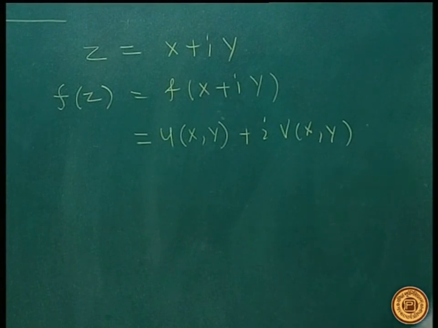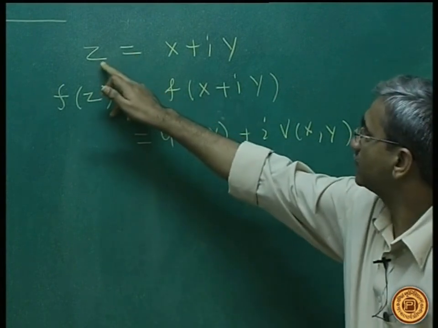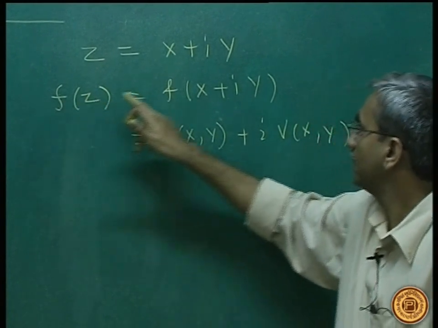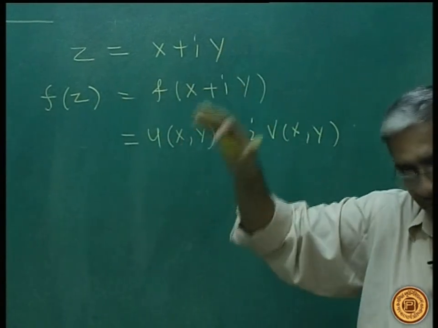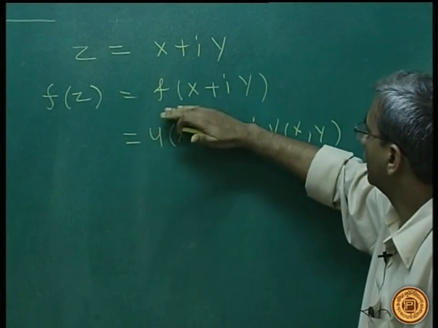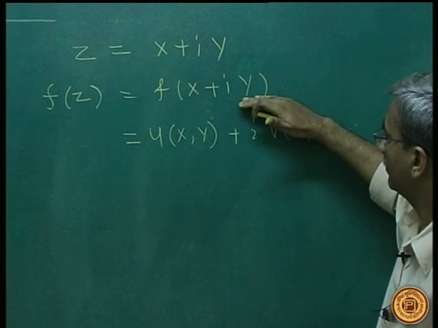See again. So if you have a complex variable z and a function of the complex variable f, then we want to find value of f at point x plus iy. So that is f of x plus iy.